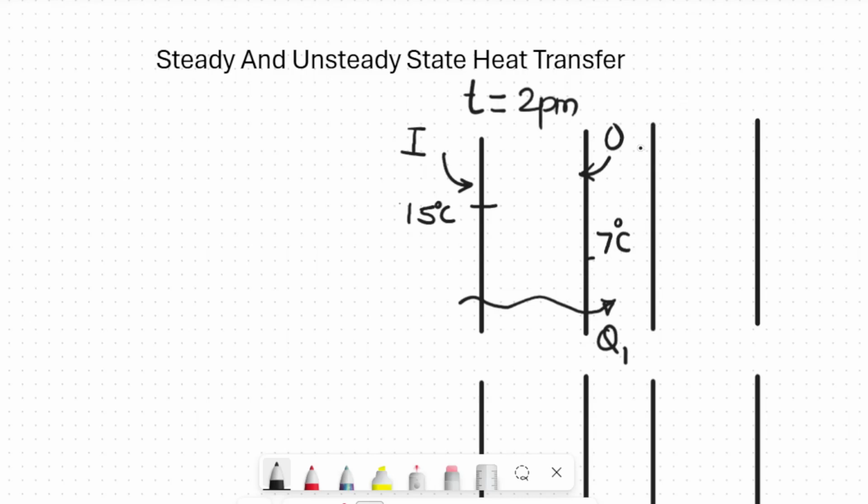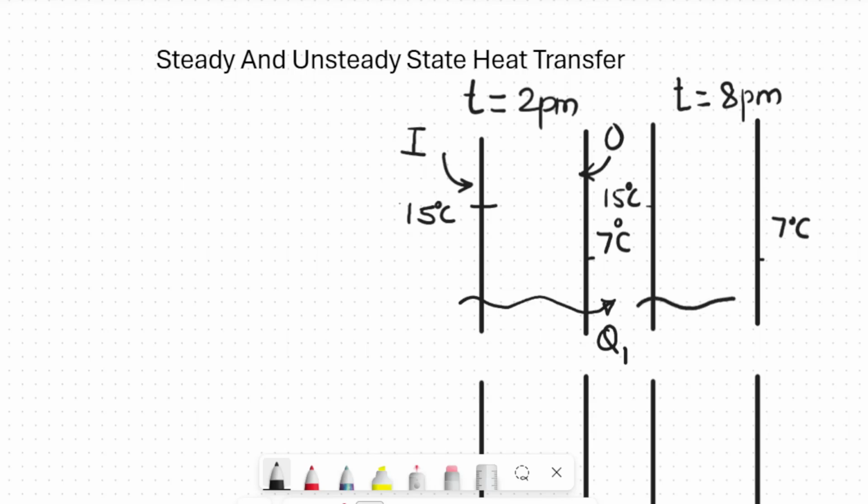Now, after some time, we are measuring the temperature of the inside and outside of the wall. So suppose at time t equal to 8 p.m., we measured the temperature and found that the inside temperature is still 15 degrees Celsius and the outside temperature is 7 degrees Celsius.